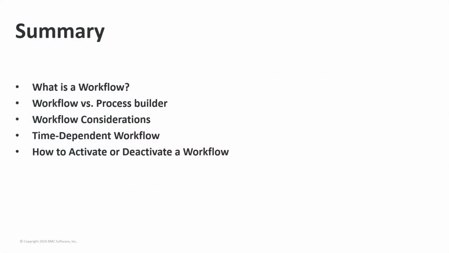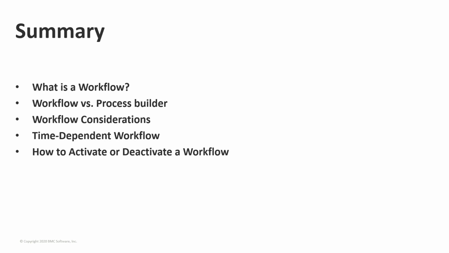Now let's do a quick summary. As you could see, creating a workflow is not a difficult task. Actually, it will help you to automate different things within your work. With workflow rules, you can create a task, send an email alert, update a field within the record. You can also send an outbound message. There are different actions that you can do.